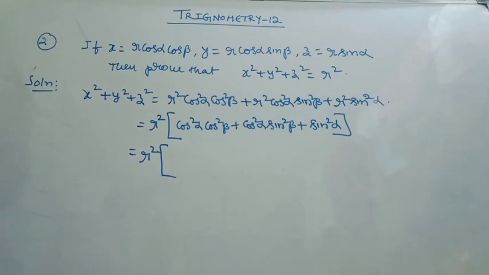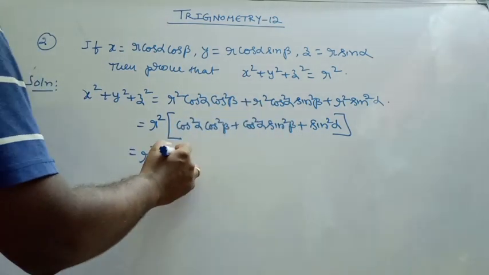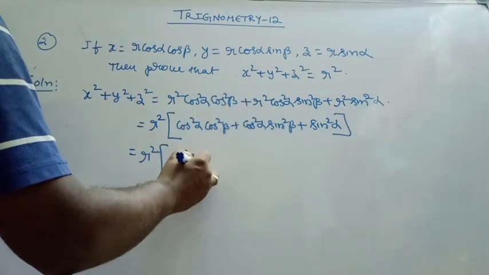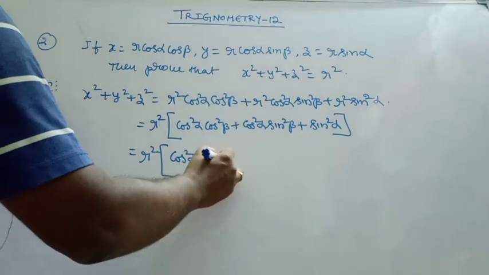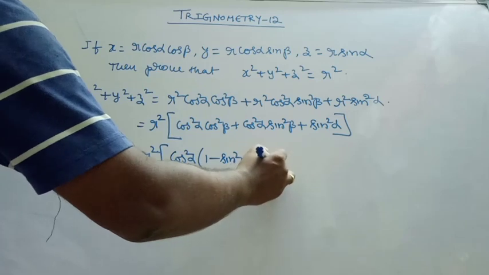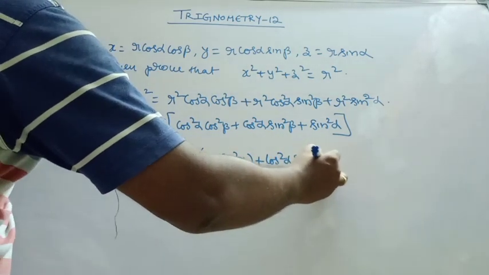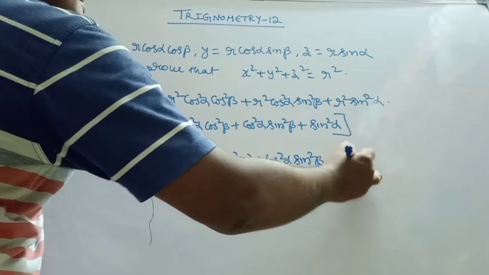Let us try to simplify this. If you try to simplify this, here we are having cos square alpha sin square beta. What I do is, this cos square beta we write as 1 minus sin square beta, plus cos square alpha into sin square beta plus sin square alpha.